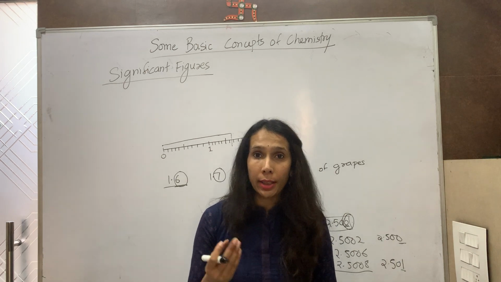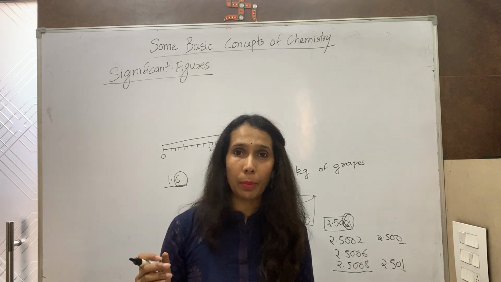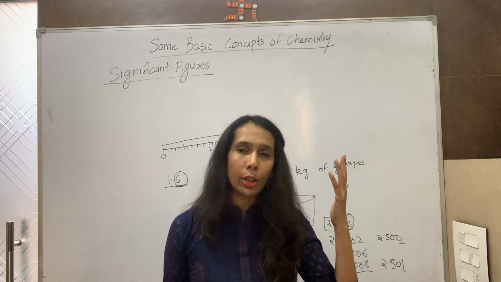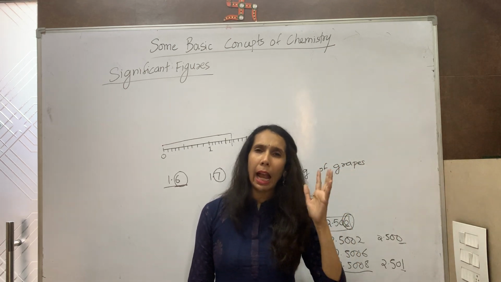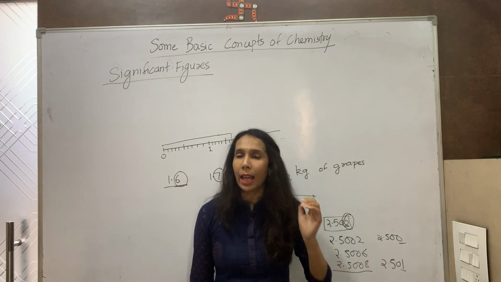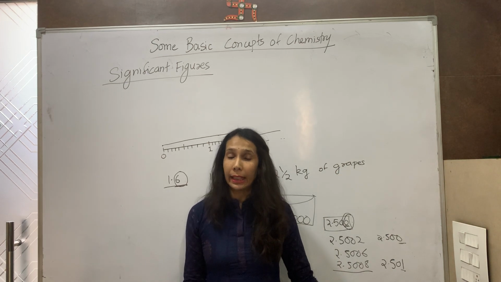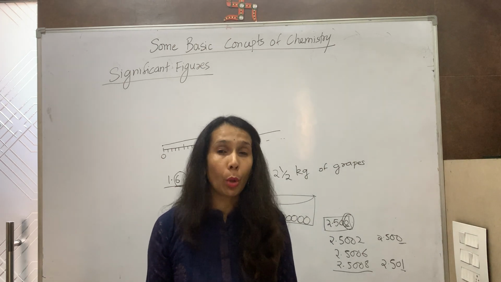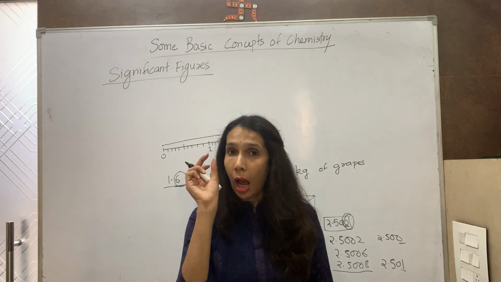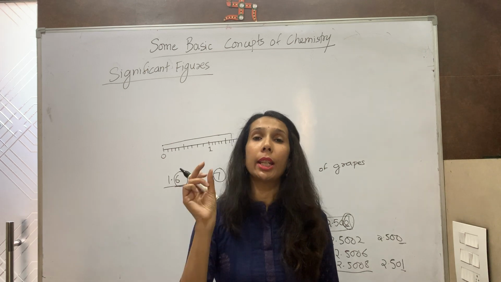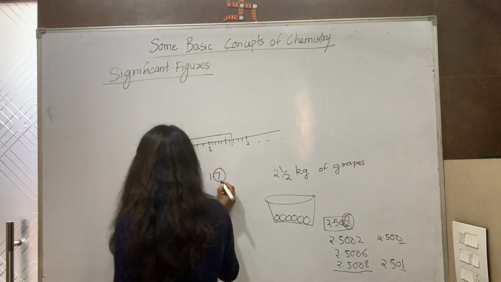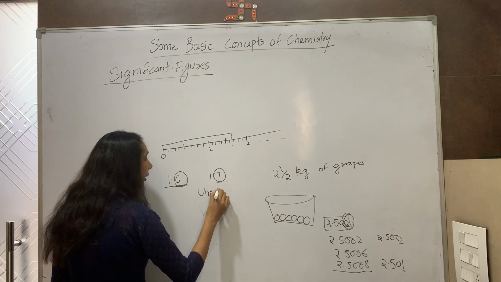We may measure certain quantity till 5 decimal places, but we don't know the 6th. If I've got a very highly accurate measuring instrument used in scientific calculations, I can calculate till 10 decimal places. But then what about the 11th? We don't know the 11th. The last digit of your measurement is always uncertain.